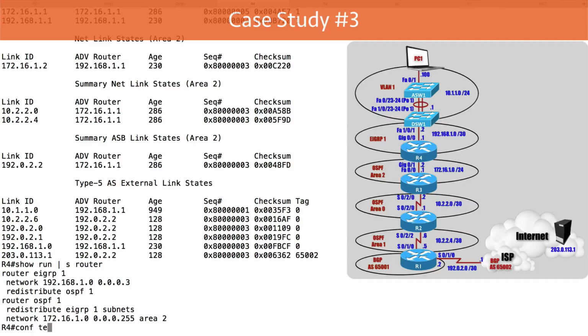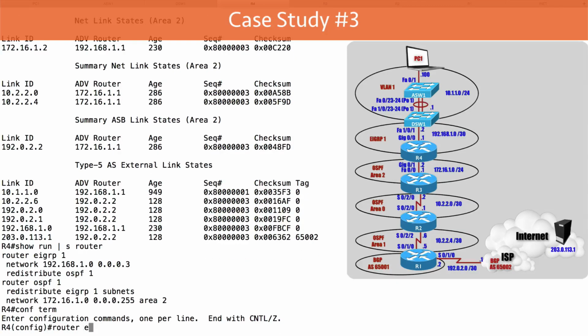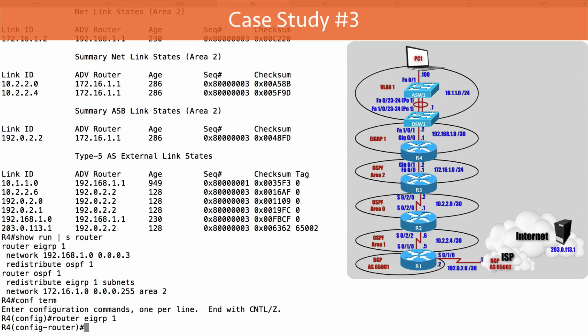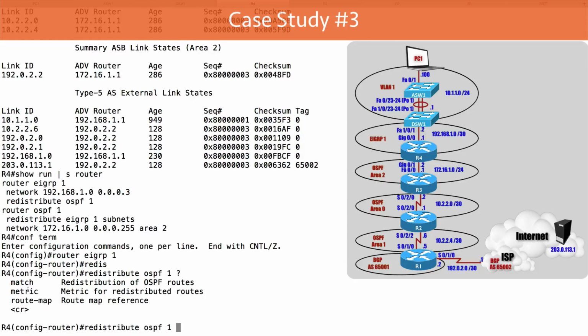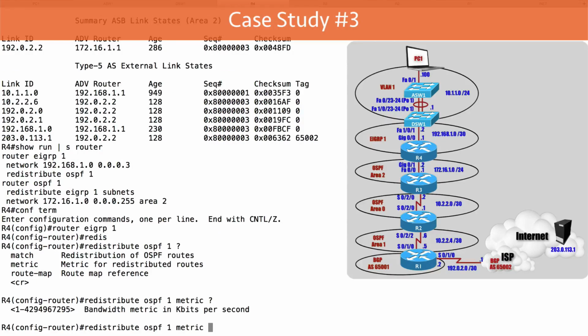Let's do that. Let's go into router configuration mode for EIGRP, autonomous system number 1, and let's reissue that redistribute command. Let's say redistribute OSPF 1, but let's add on to that a metric. I'm going to say metric, and we give the bandwidth in kilobits per second, and I'll say that I've got 1000K of bandwidth.